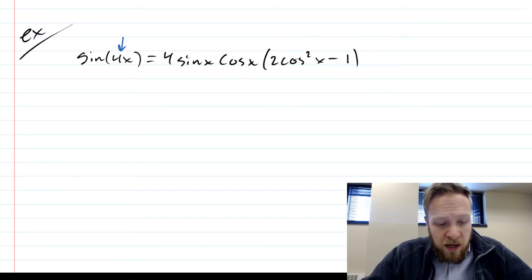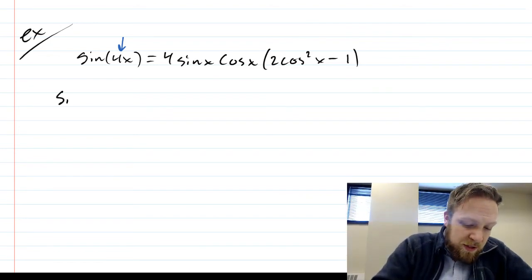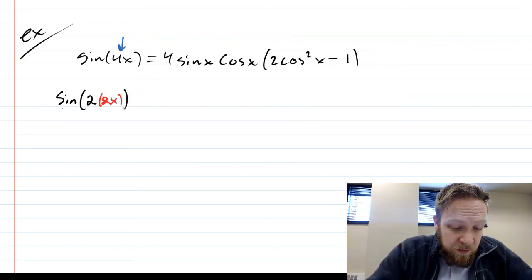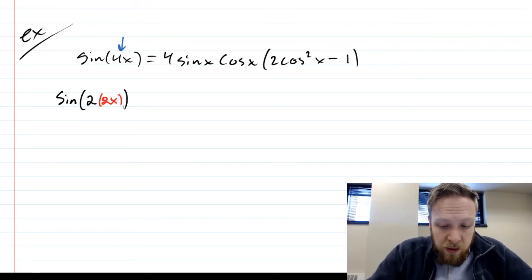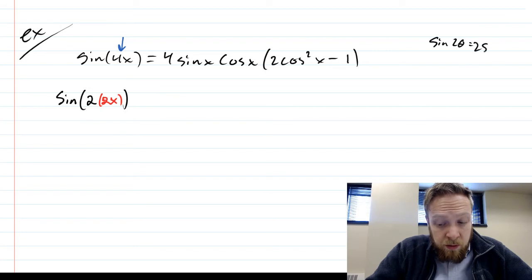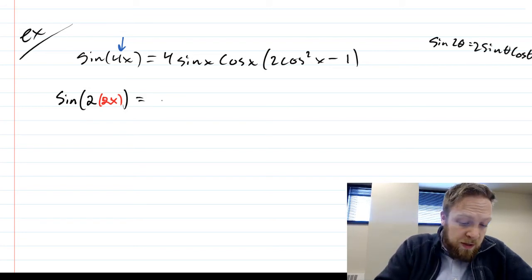Instead of writing it 4x, what I'm going to think of this as is sine of a double angle, and that angle is going to be 2x. So this is the form of sine of 2 times an angle. Now you remember, sine of 2 times an angle is the same as 2 sine of that angle cosine of that angle. So we're going to rewrite this as 2 sine of the angle.